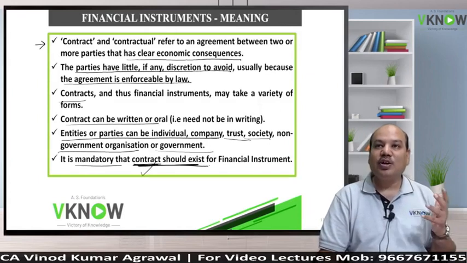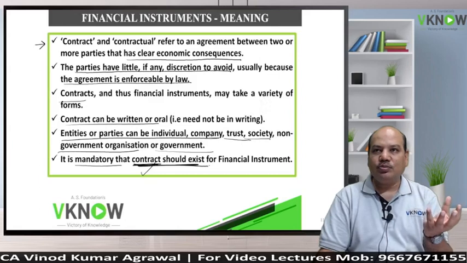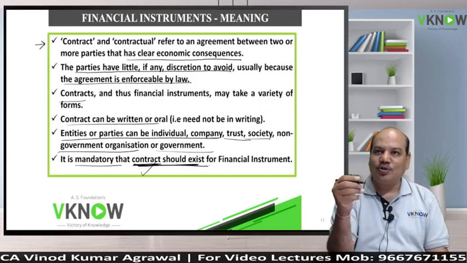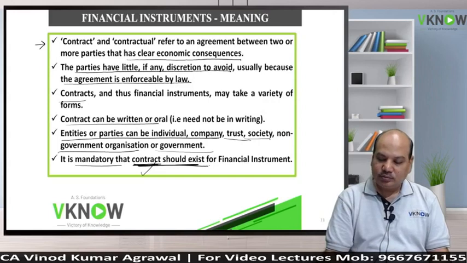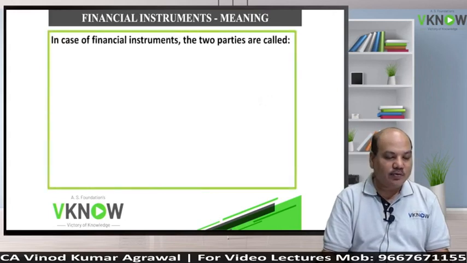There is no contract. It's a statutory obligation. Gold held by you is not a financial instrument. There is no contract. This pen is not a financial instrument. There is no contract. So if there is no contract, there is no question of it being a financial instrument.